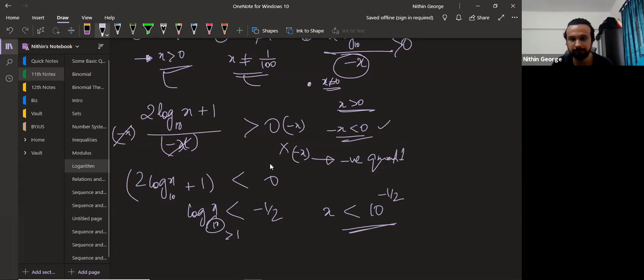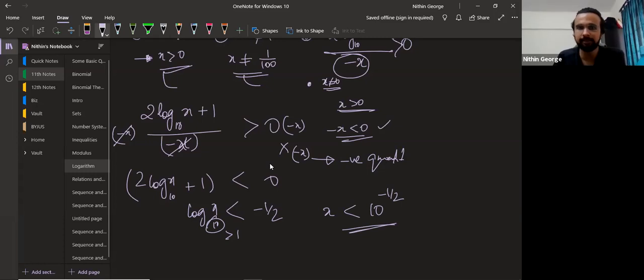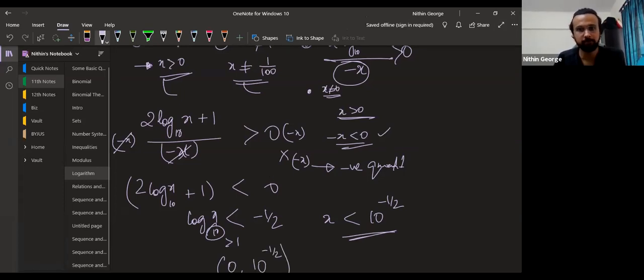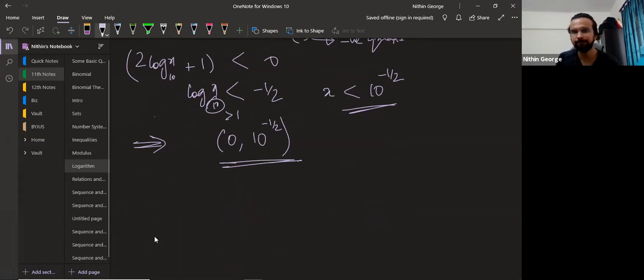So what will your final answer be? x is greater than 0 and x is less than 10 power minus 1 by 2. Is that your final answer, guys?